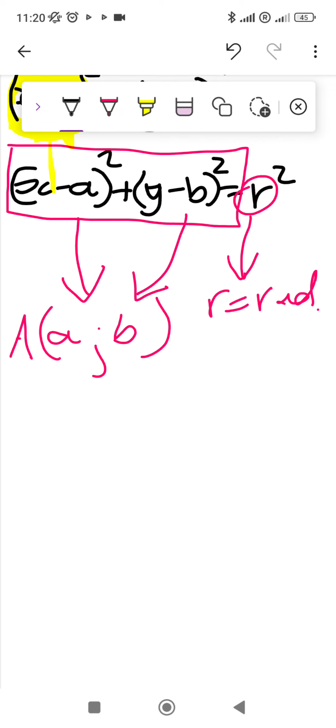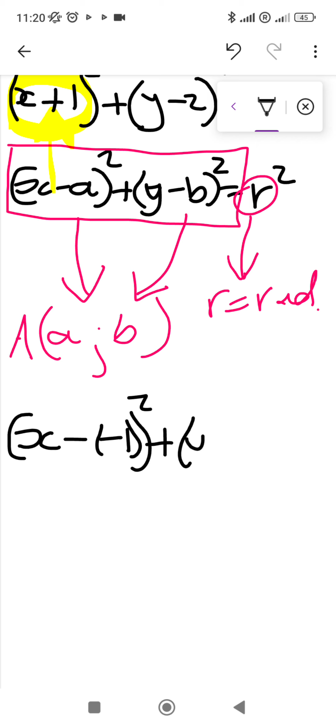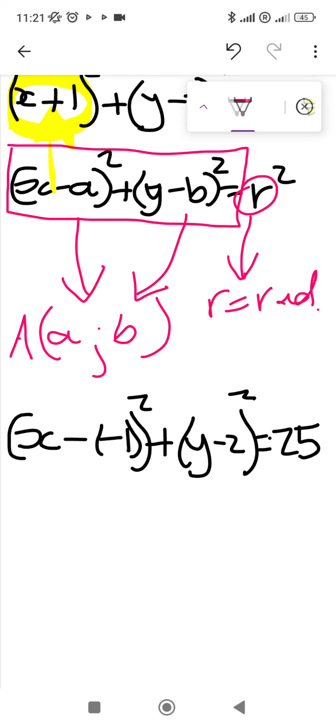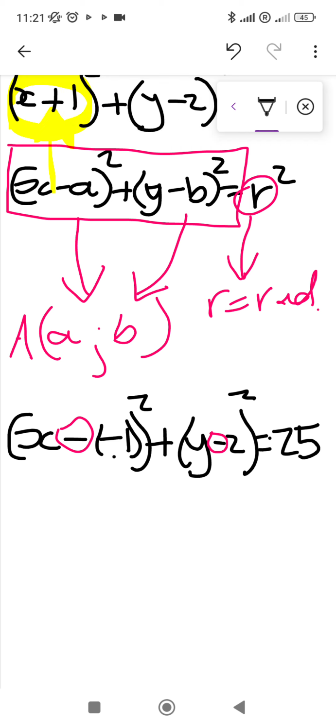The reason we see a plus is because, in fact, inside that bracket there's an x minus minus 1, plus (y - 2), and this needs to be squared, equals 25. Right, so now there is a minus. We need a minus because there's a minus in our equation, and because the minus is there, it is easy for us to identify what is going to be the coordinates of your center.